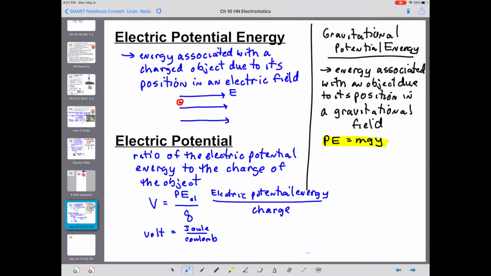Generalizing out from a joule per coulomb, work is also in joules, and so we can also think of volts as work being done per unit charge.